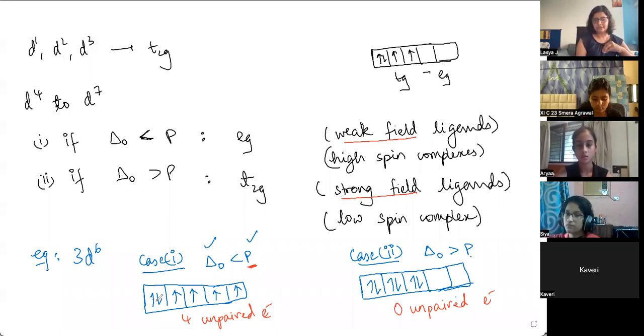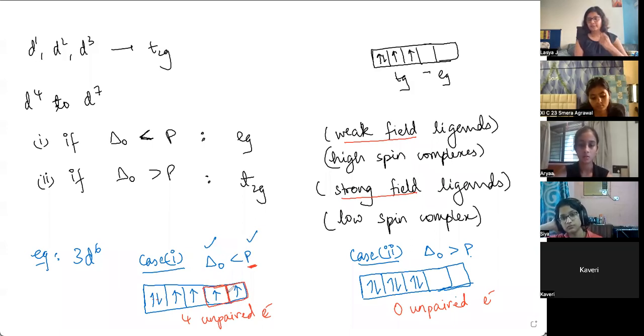So that's why after D1, D2, D3, D4 is going to go into the Eg orbital. So D5 will fill again with equal energy. And then because all the orbitals are filled, D6 will go and pair with this. It will try to minimize pairing because pairing has higher energy.